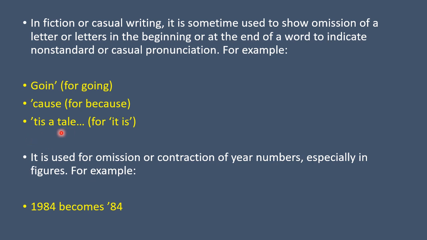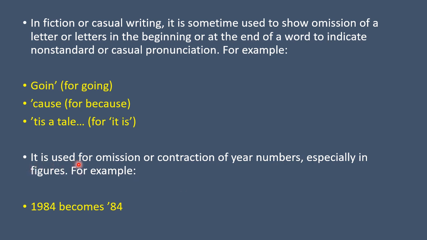This is from Shakespeare. 'Tis is for it is. Okay, but these are non-standard expressions, especially used in spoken language, but not in written language when you're writing standard English. But at the same time, you might have noticed that these are the cases of omission. Okay, so still we are discussing omission.